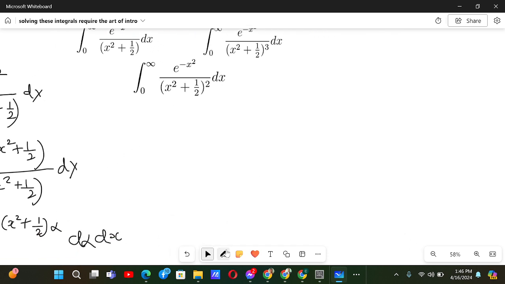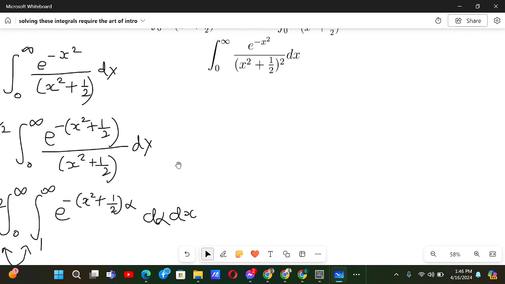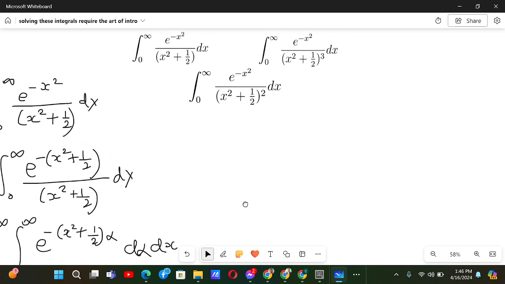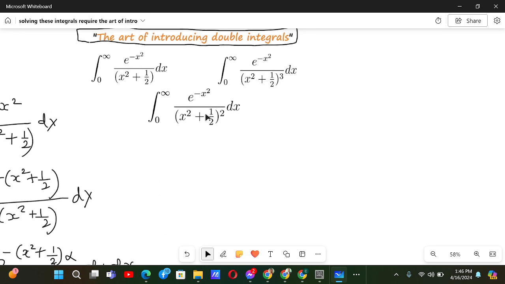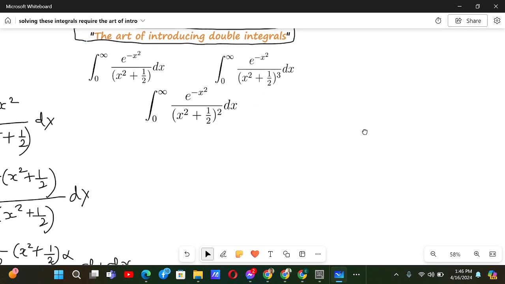How do we do it in these cases? If you try the same approach and introduce a plus 1/2 here, and then try to take an integral to bring it down, this time you might need to introduce a triple integral, because you have to bring it down two times, but that might not be convenient or easy. There is also another way you could introduce a double integral, which I will use in this one, and that works for power 3, power 4, any powers.